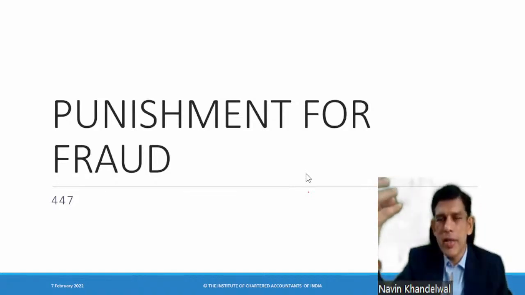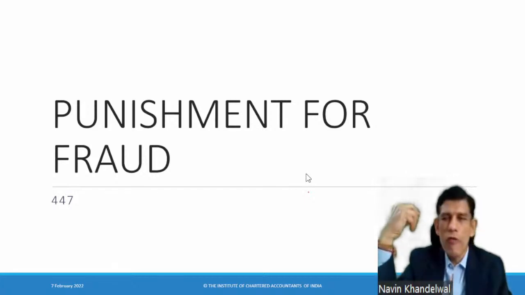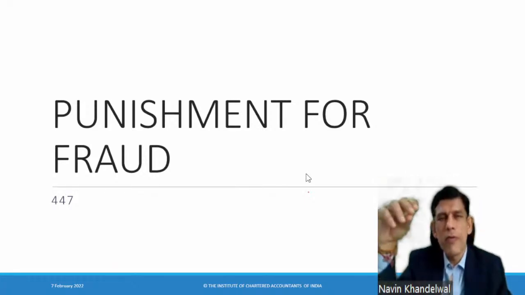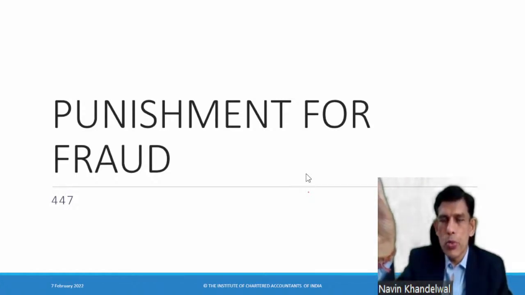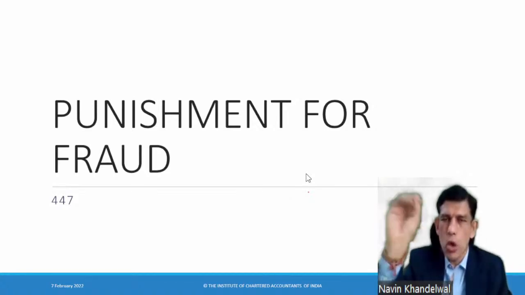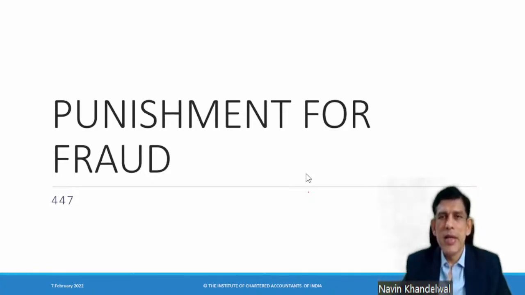We come to another very typical section, a dreadful section of which everybody is afraid. And when it was introduced, it probably caused havoc in the corporate world, where the directors, the persons in charge, the officers of the company, the auditors, the consultants attached to this company were probably taken aback when they read these sections and the consequences of this section, friends.